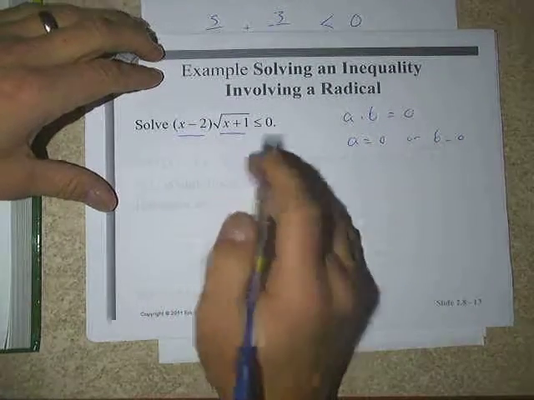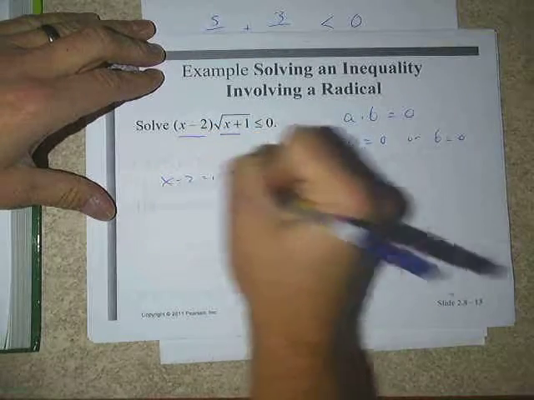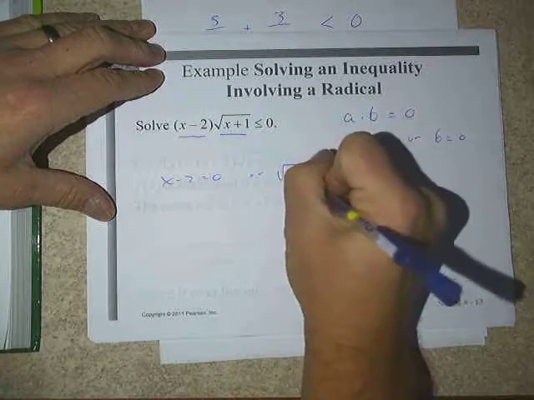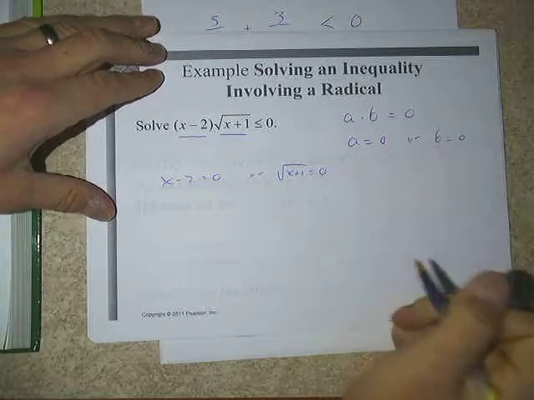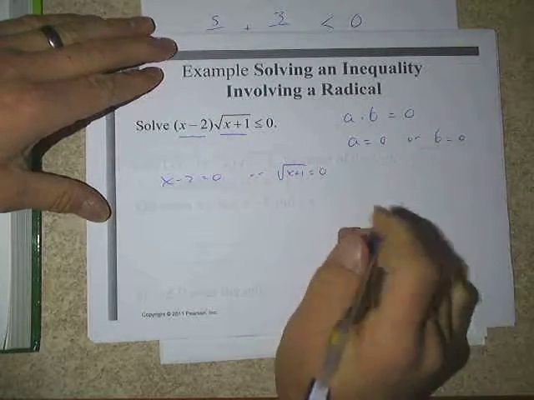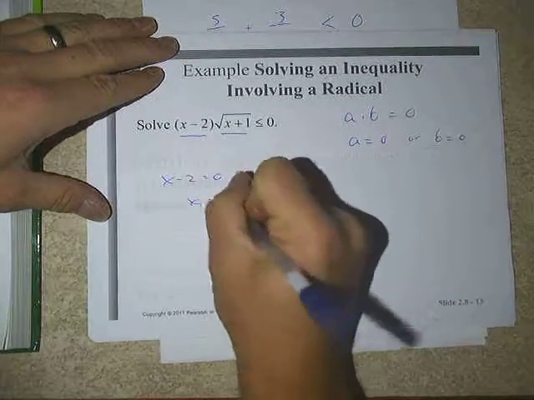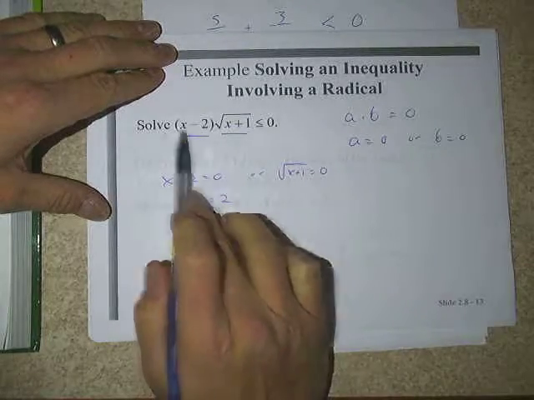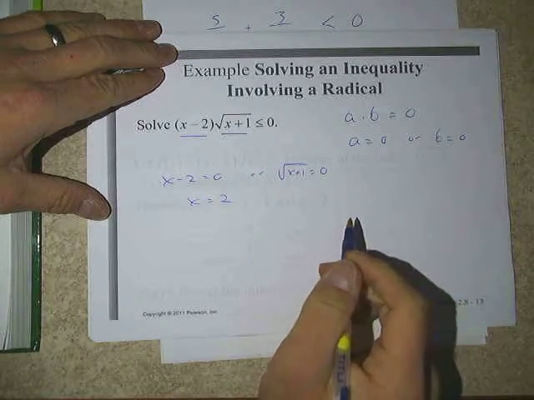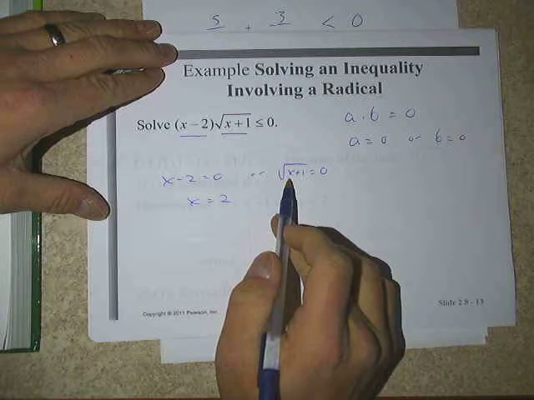So if we find the zeros that way, we could say x minus 2 equals 0, or radical x plus 1 equals 0. We get our two zeros: over here, x equals 2, because plugging in a 2 would make the whole thing equal 0.